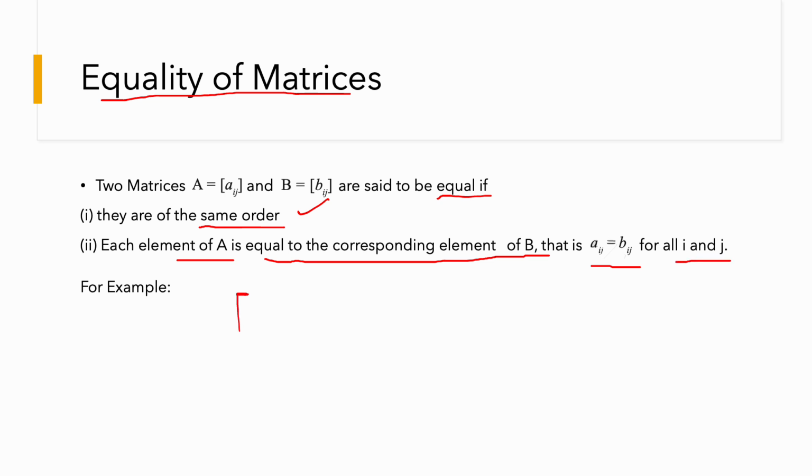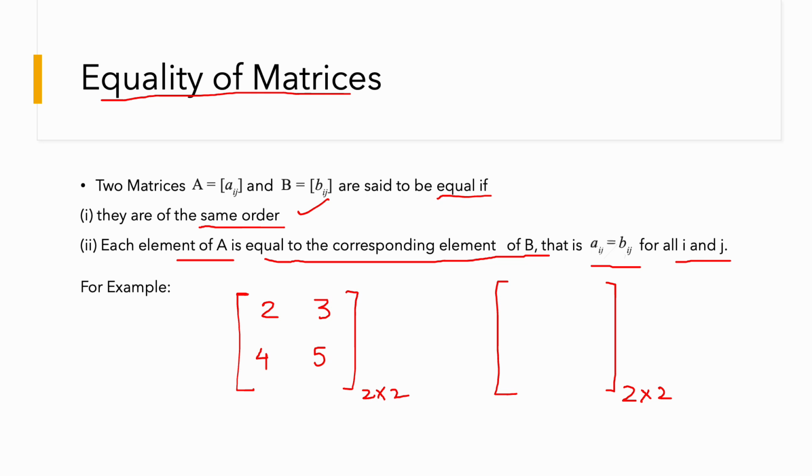So let me give you an example. Suppose you have 2, 3, 4 and 5. So it's a 2 by 2 matrix, and this is matrix A, let's say, and we have another matrix B. Both matrices must be equal if the second matrix is also of the order 2 by 2 and all the corresponding elements are equal.